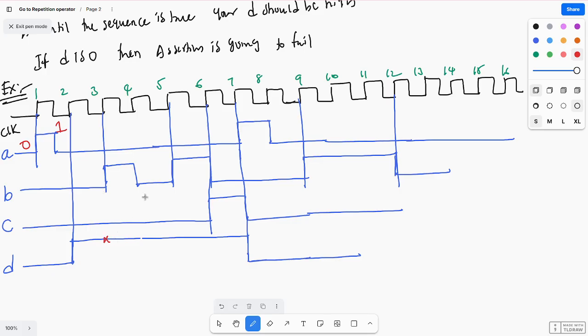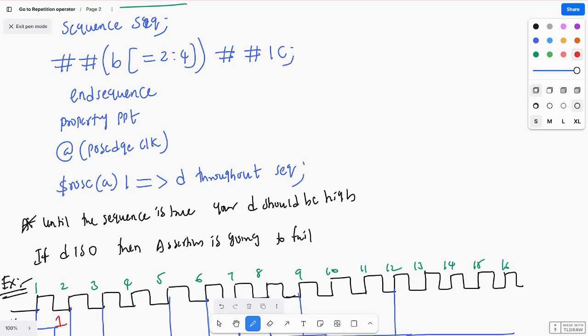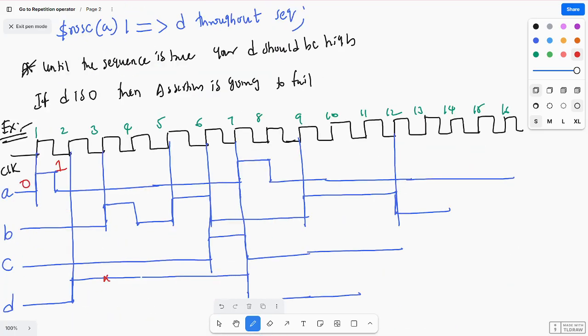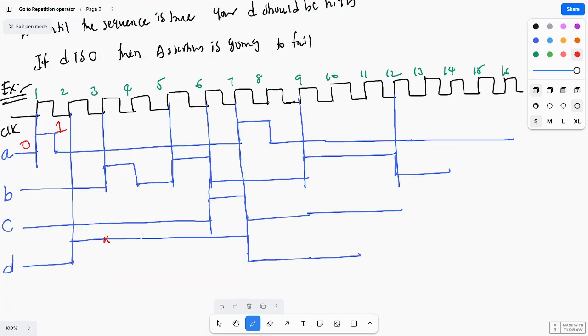It is checking that b should be 1 between 2 to 4. So this is the first cycle and the second cycle. This is 1, and this is 1. Between 2 to 4 it should be 1.